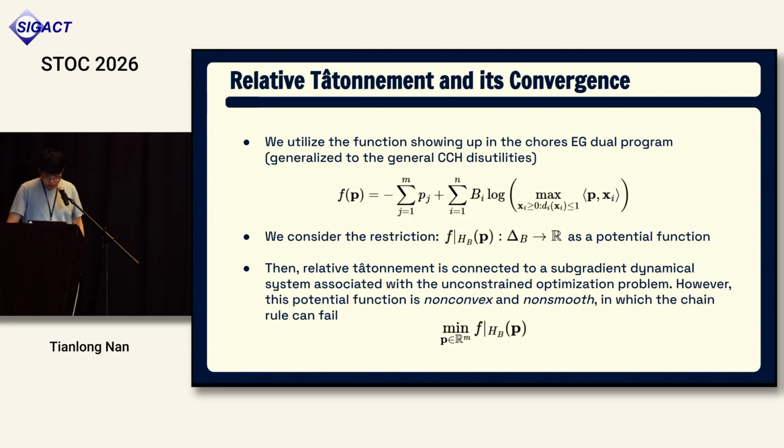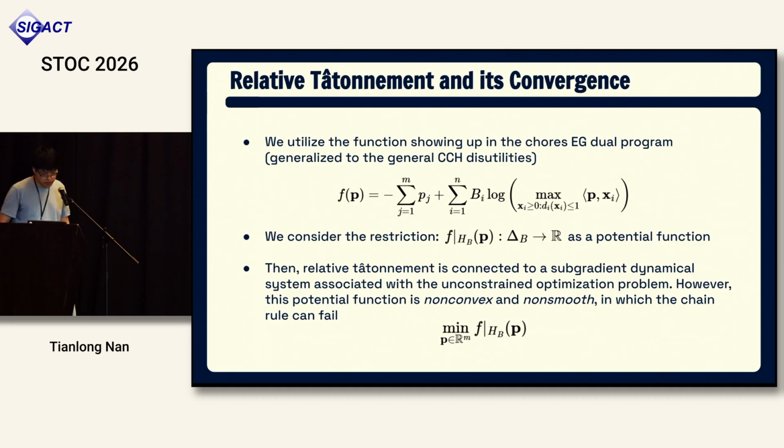So the way we show the convergence is we utilize the function that showed up in the Fisher EG2 program, which was also studied by the first speaker's work. He didn't talk much about that, so I'd better give more background on this program.